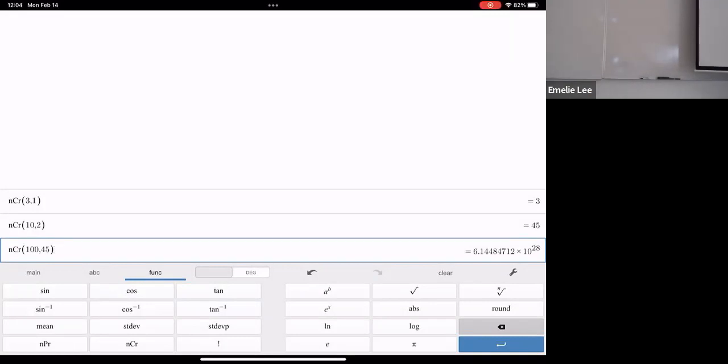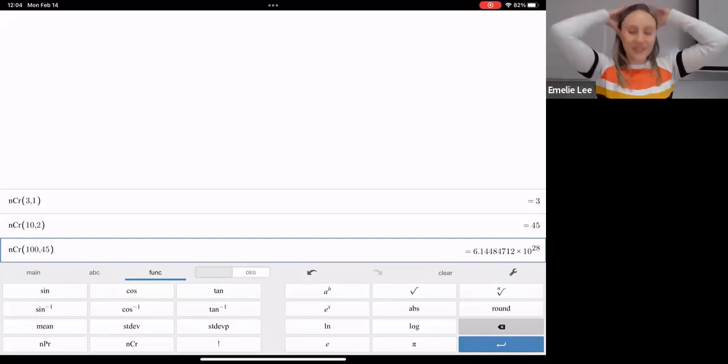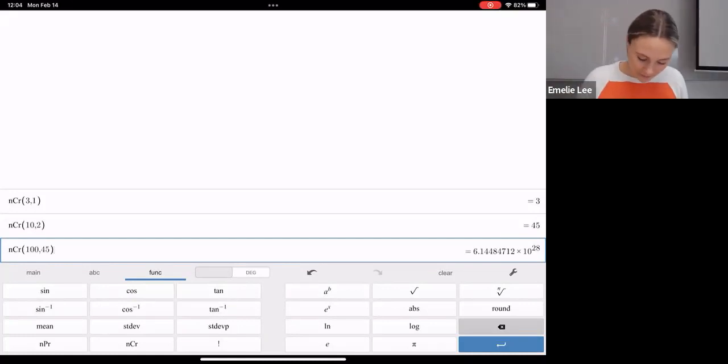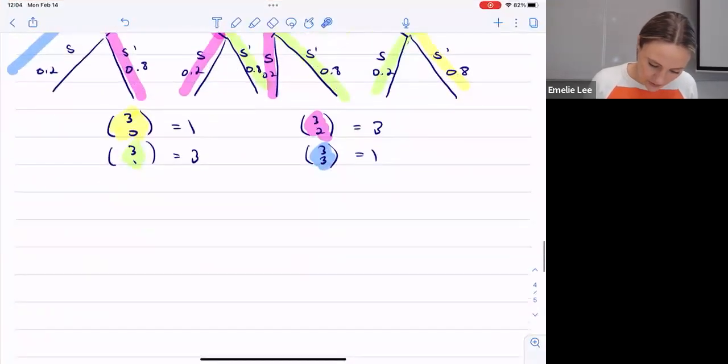So I would do 100, then hit second and this one, and then 45, enter. So it depends on the calculator, the number first and then, yeah, but you can play around with it. You can think on that for a sec if you want. So you kind of have to get to know your calculator a little bit.